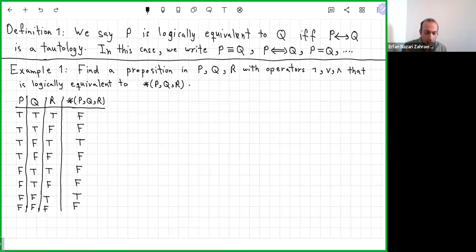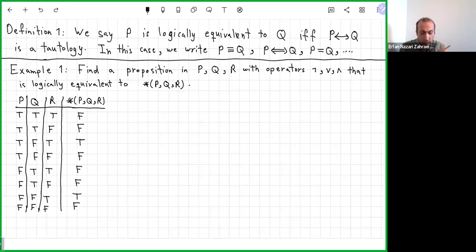If all the column was false and only this row was true, then I could easily write a statement for that. What is the statement in terms of P, Q, R, and not, and, or, which is true only in this row? This is the row where P is true, Q is false, and R is true.